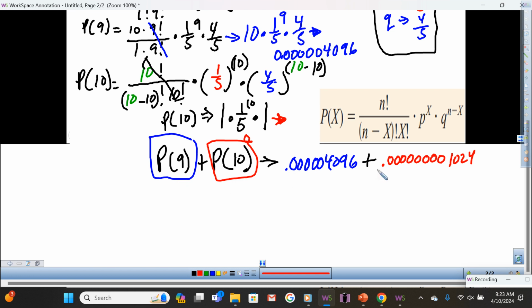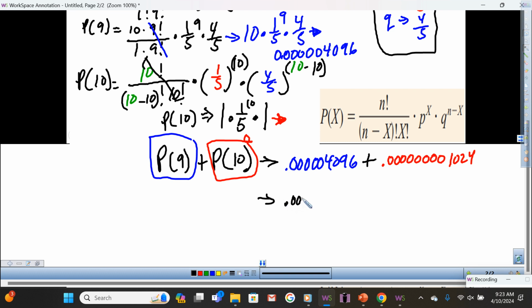So now that we have P of 9 and P of 10, add those together, and our total is what is it?